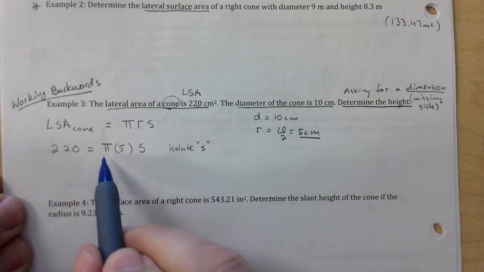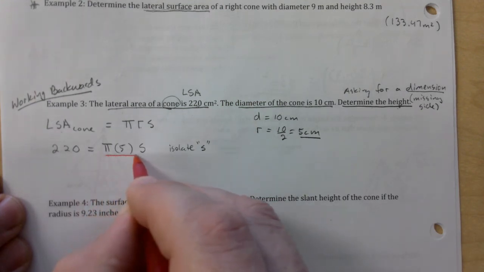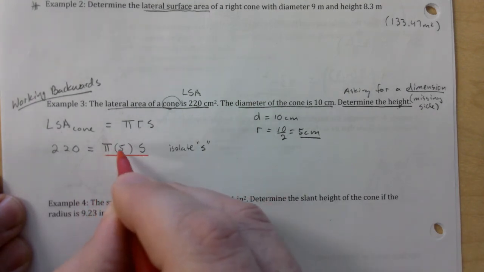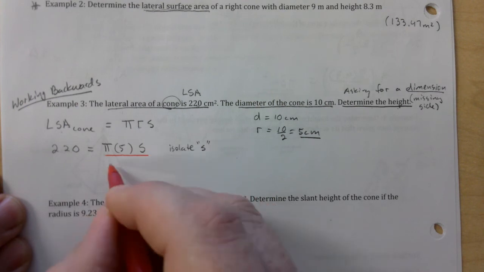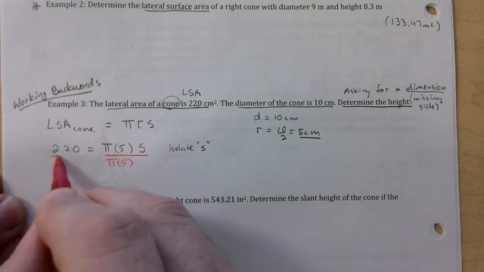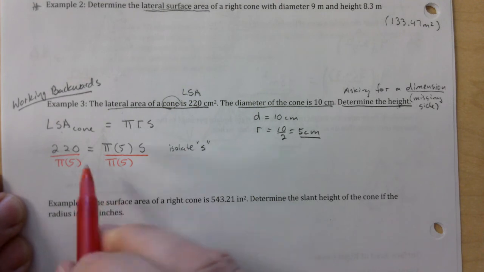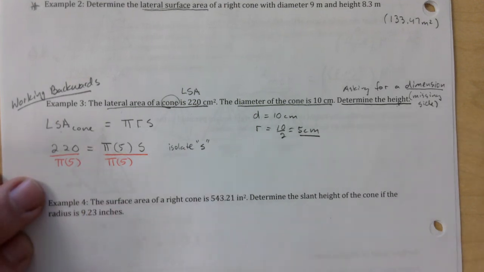Isolate that number right here. So essentially what we're going to do is, I'm going to use a different color. We're going to divide, because pi and 5 is multiplying S. So we're going to divide this side by pi times 5, and we're going to do the exact same thing to the other side, right? That way you're not altering the equal sign, the equality of this expression.